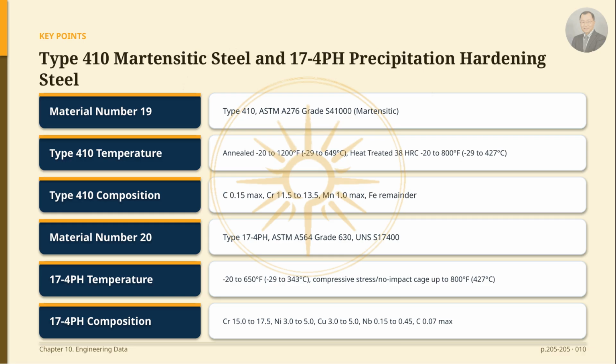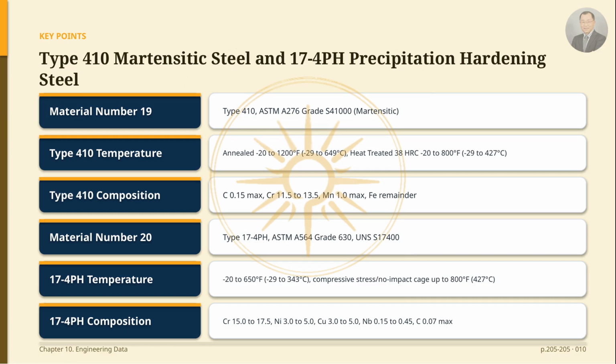Now I will introduce type 410, which is martensitic, and 17-4pH, which is a precipitation hardening steel. Material number 19, type 410, is specified as ASTM A276 grade S41000, and its operating temperature is divided into two based on the heat treatment condition.